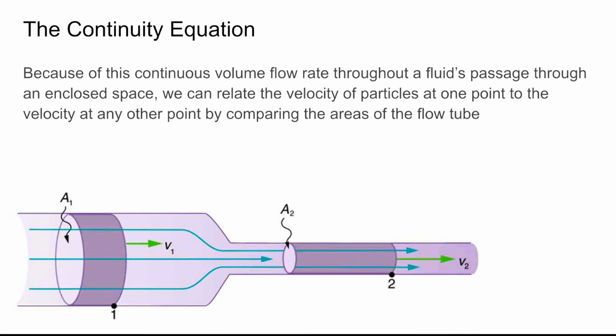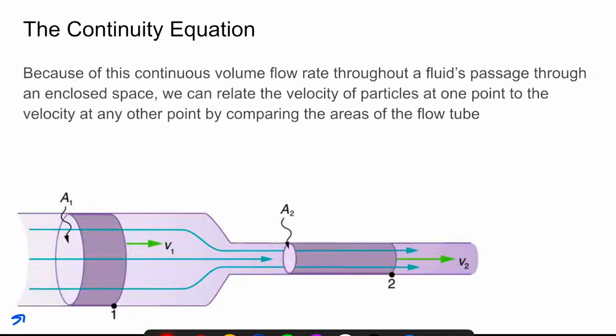And because of this continuous volume flow rate for an ideal fluid throughout its passage through an enclosed space, like what we see in this diagram below, we can relate the velocity of particles at any one point to the velocity of those particles at any other point in this fluid's motion by comparing the areas of the flow tube.